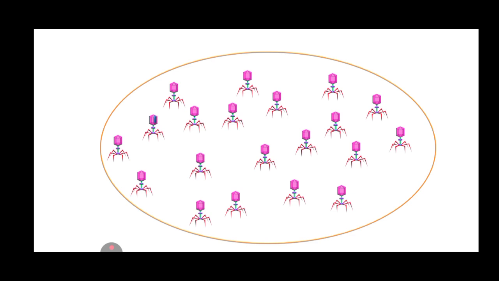While the lytic cycle is going on, phage particles are synthesized and start to assemble in the cytoplasmic region, and during the assembly process, sometimes the virus particle takes up a small fragment of the bacterial genome.